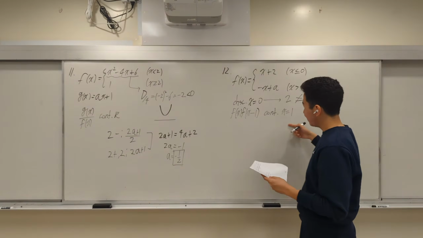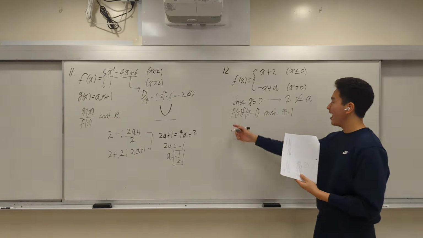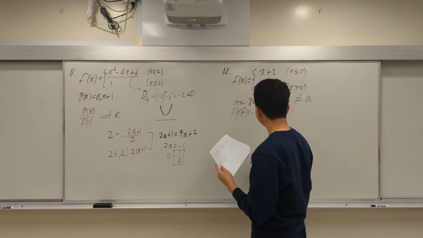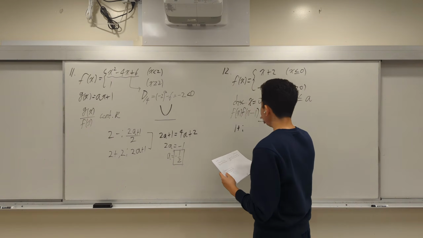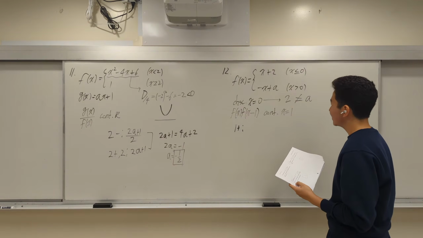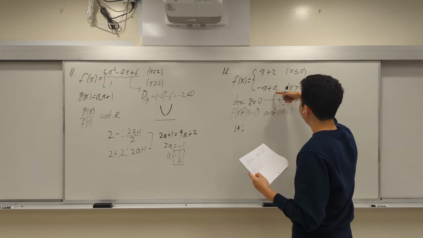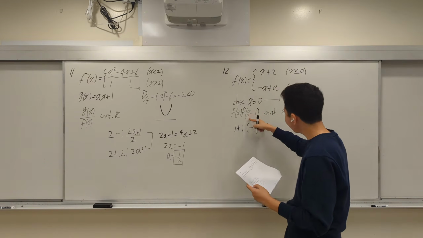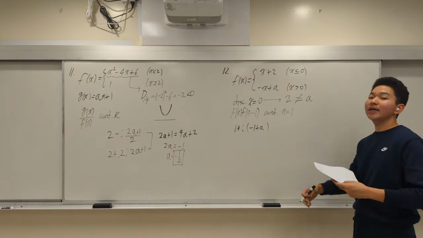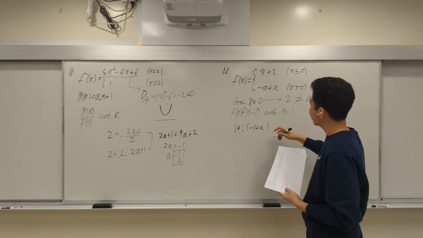And now we can look at the second condition, which is the more familiar one that we've been dealing with. F of x times f of x minus 1 at x equals 1. So let's go 1 plus. At 1 plus, f of 1 plus is obviously greater than 0, so we go negative 1 plus a, and then at 1 plus, x minus 1 is going to be 0 plus.